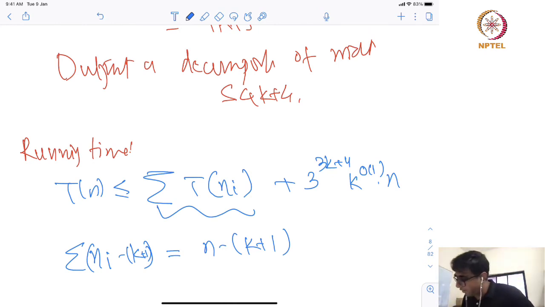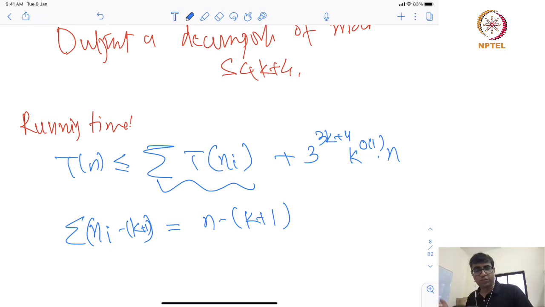So, you have to take max over all possible partitions of this, and by a simple induction you can show that this is actually an algorithm with running time 3 to the power 3k times n square.